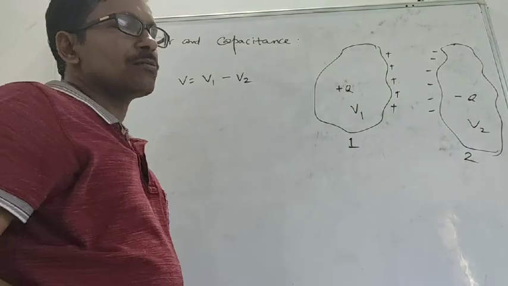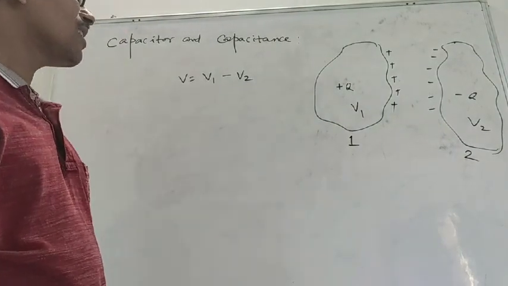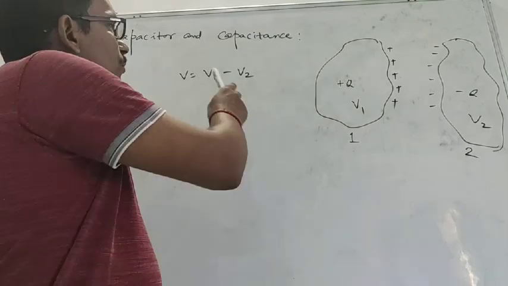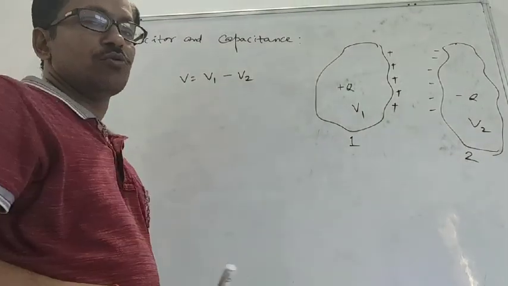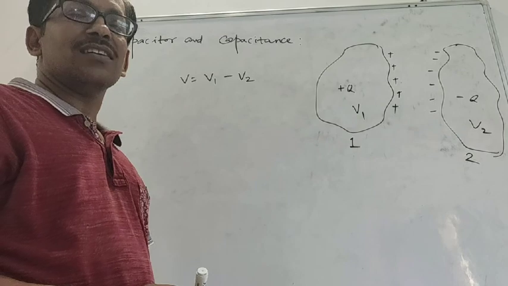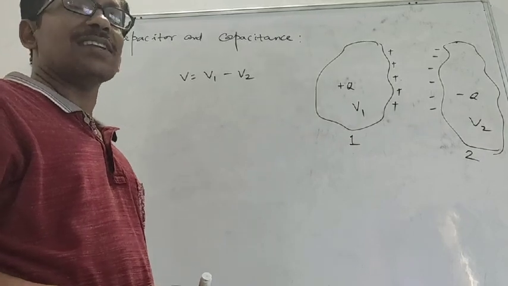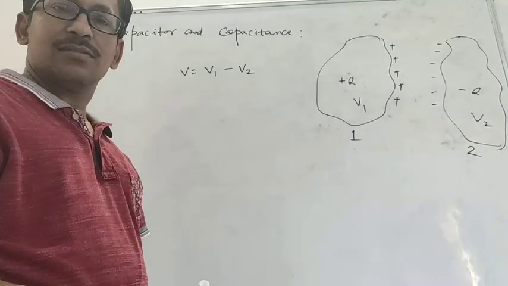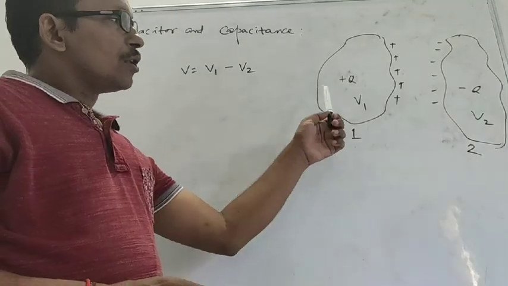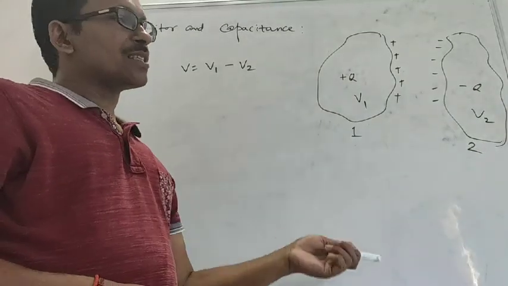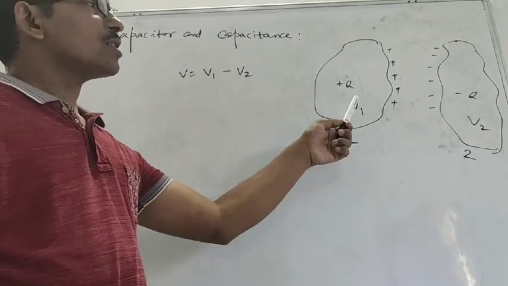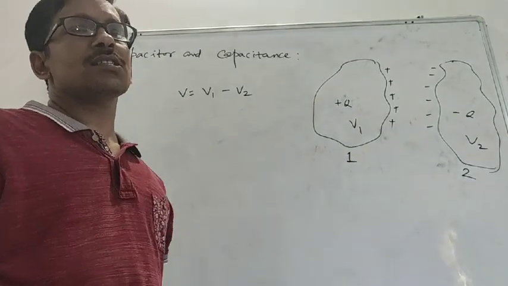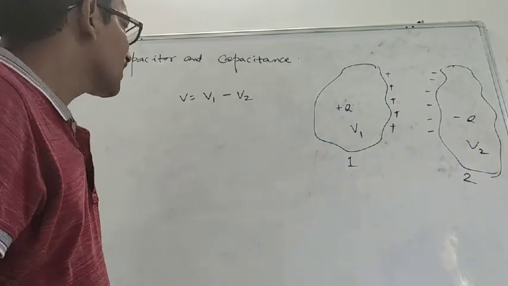Suppose V is equal to V1 minus V2. And if Q is the charge of the capacitor, then the potential difference between the two conductors at any instant depends upon the charge. And here Q is called the charge of the capacitor, although the net charge of the capacitor is 0. Here Q represents the charge of one of the plates or one of the conductors of the system.